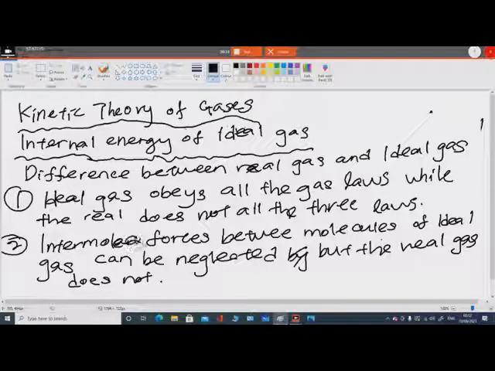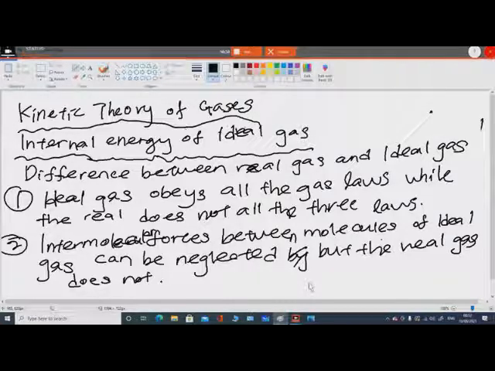The intermolecular force in the real gas cannot be neglected, whereas for the ideal gas it can be, as the assumption of the kinetic theory of ideal gas says the collisions between the gases are perfectly elastic.